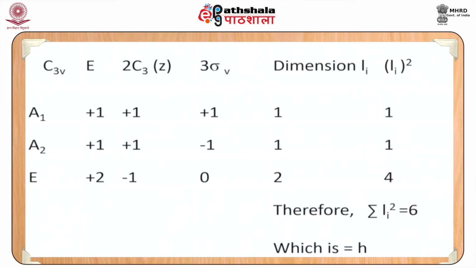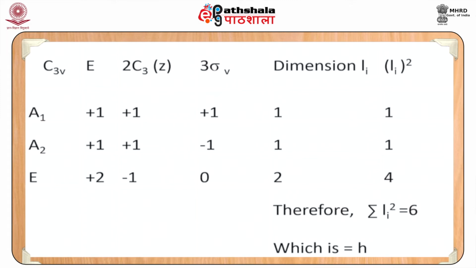And the last column gives li squared. That is, for A1 the dimension is 1 and its square is 1. For A2 the dimension is 1 and its square is 1. For E the dimension is 2 and its square is 4. So 1 plus 1 plus 4 is equal to 6, that is, the order of the group.